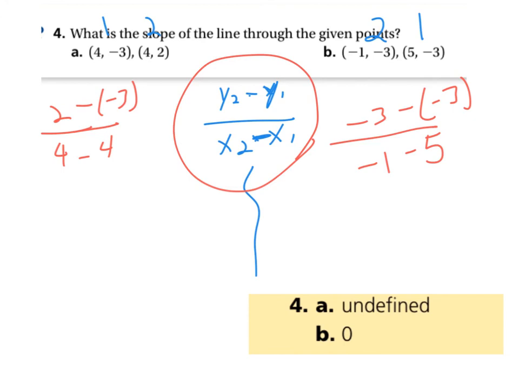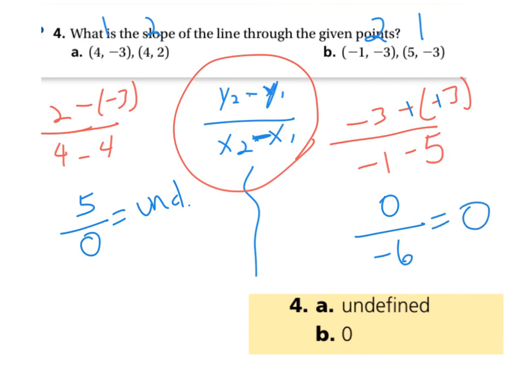And I plugged them in. And over here on the left, we end up with 2 minus -3, which is 5, over 4 minus 4, which is 0, so that we say that's undefined. And on the other side, we have -3 plus 3, which is 0, and -1 minus 5 is -6, so that slope is 0. So there's your answer for number 4.